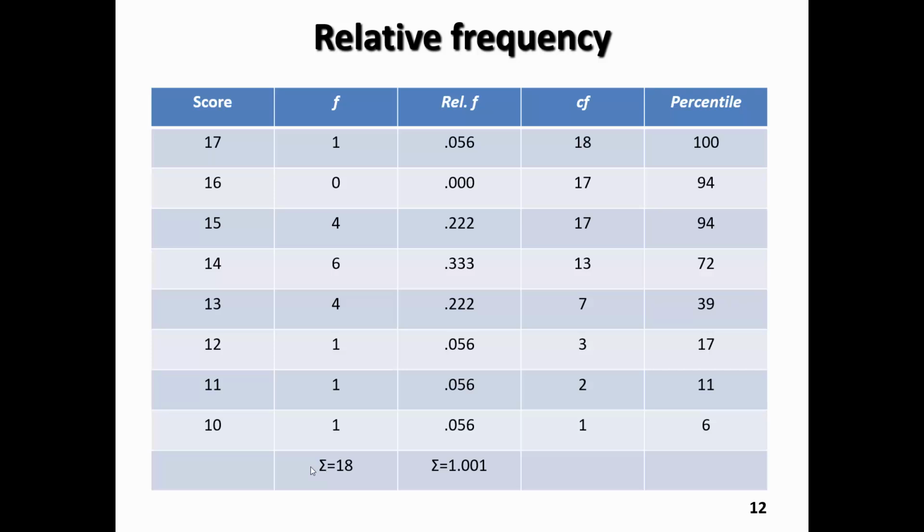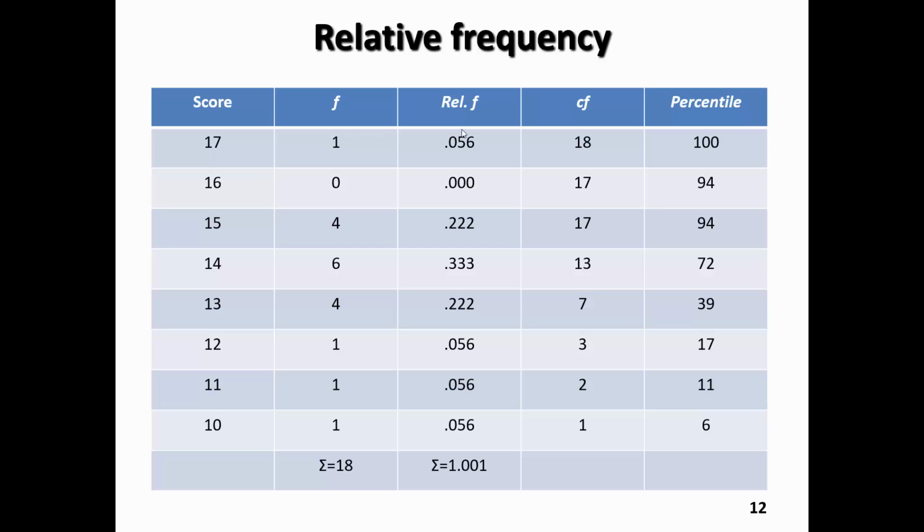This number here should match the sample size, or how many people took the quiz. If it's not 18, then we've either made some sort of typographical mistake, or we missed adding a person into a particular row here. So that's the simple frequency.